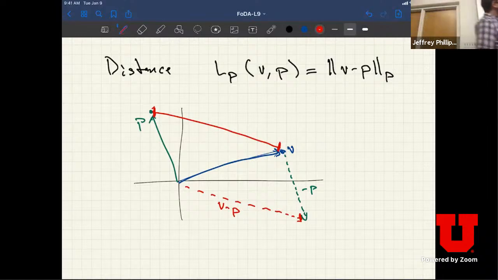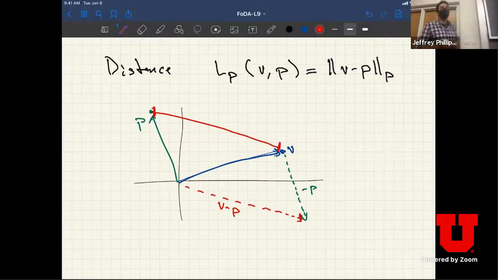What's nice about this is now a vector from the origin, this V minus P vector, and so I can measure its length as a norm, right? The norm measures the length from the origin of this vector, and that length from the origin is the same as the length in between the two here.